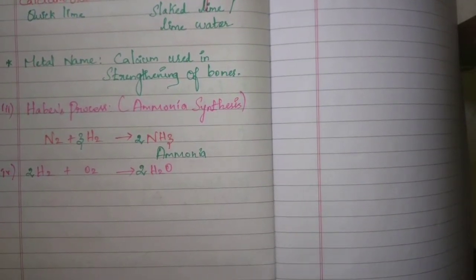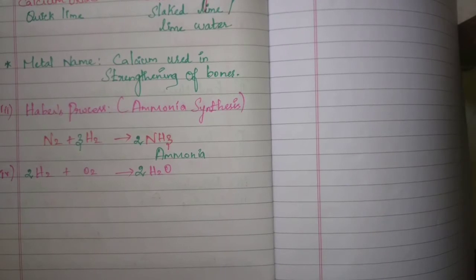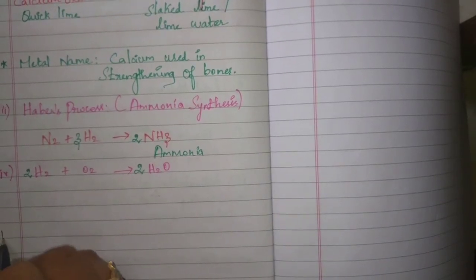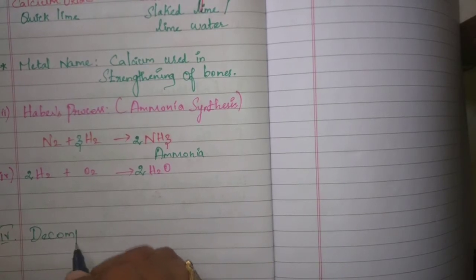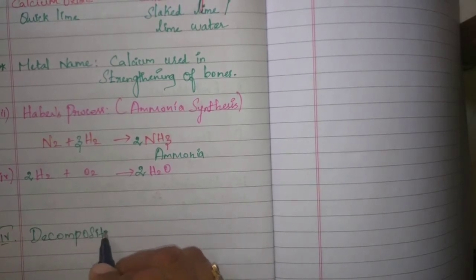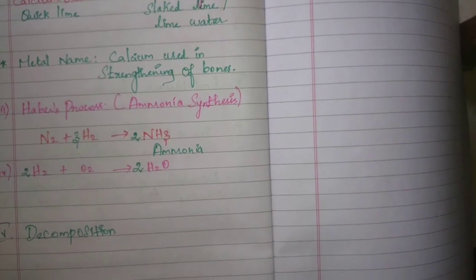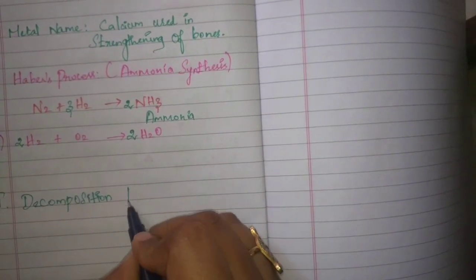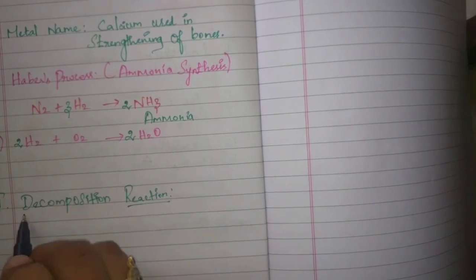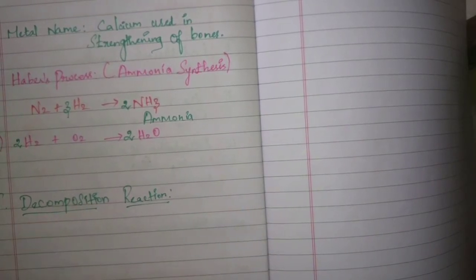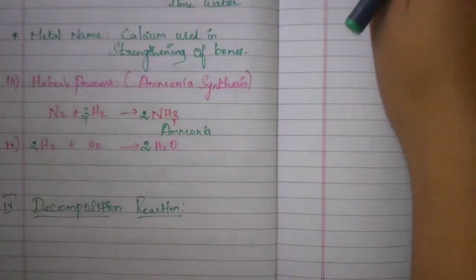decomposition reaction. The next reaction is decomposition reaction. Decomposition means, in the name itself you can easily identify, students. Whenever the prefix DE appears, it represents breaking or dissociation.